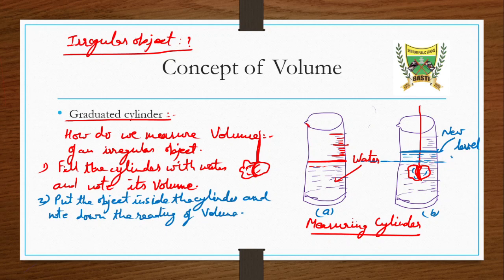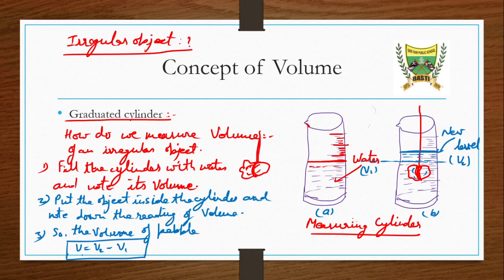Suppose that this new volume is V2 and the old volume was V1. So the volume of the pebble, V, is equal to V2, the final, minus V1, the initial. We can directly calculate it as V2 minus V1.